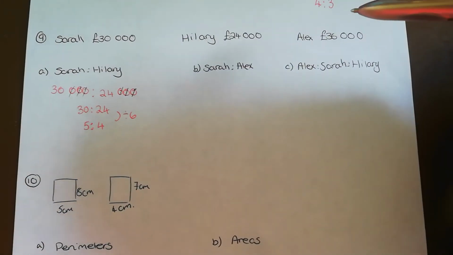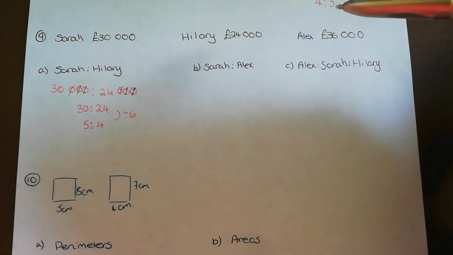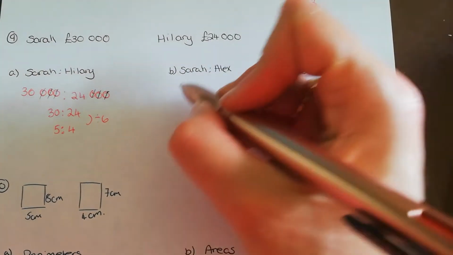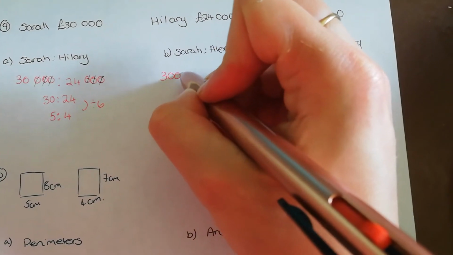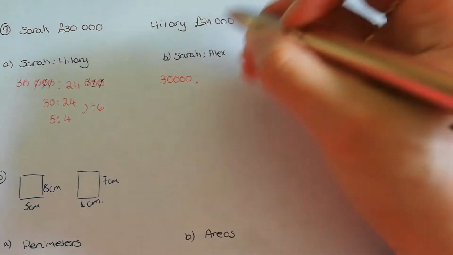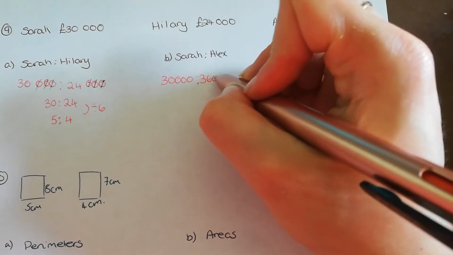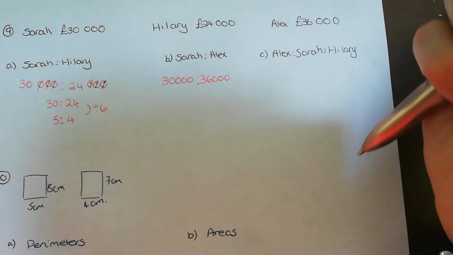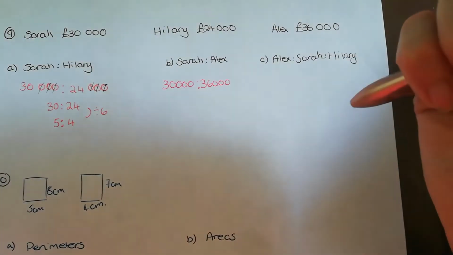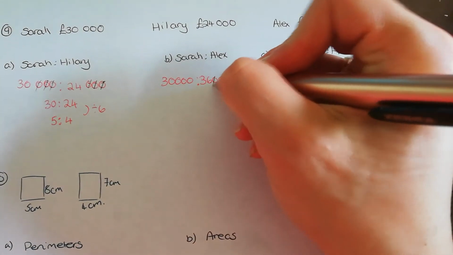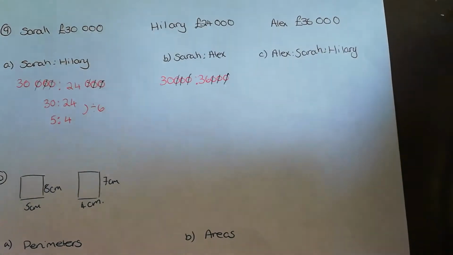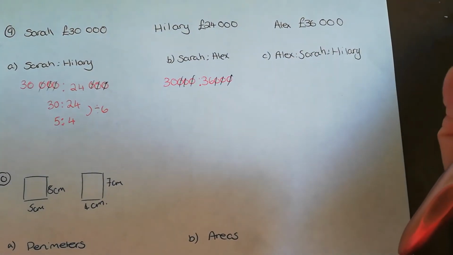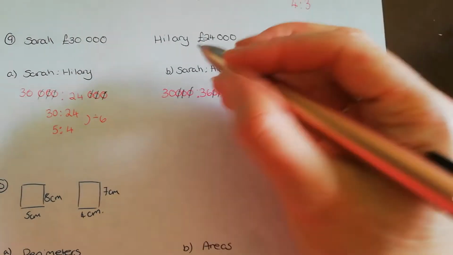Next we've got Sarah to Alex. So Sarah's 30,000, Alex is 36,000. So again, starting off with the 30,000 to 36,000. Again we can divide both sides by 1,000. So dividing by 1,000, we're effectively taking 3 zeros off each side, which is the quickest way to think about it.